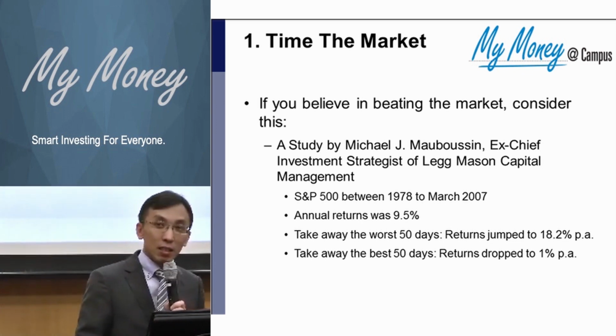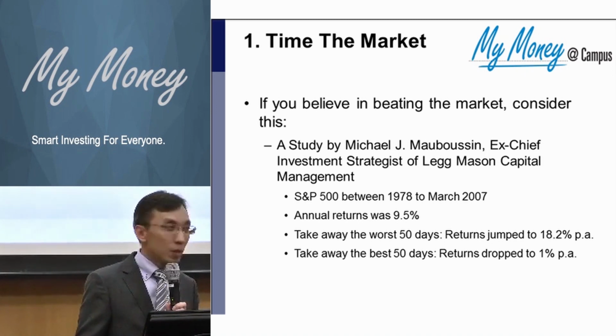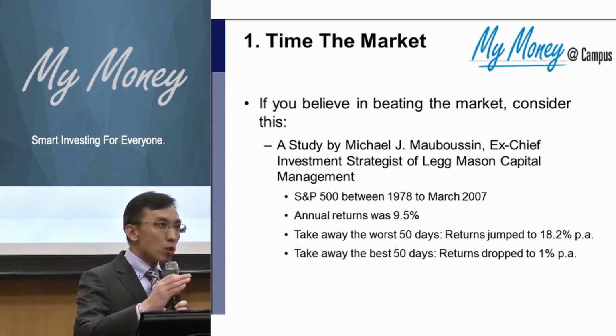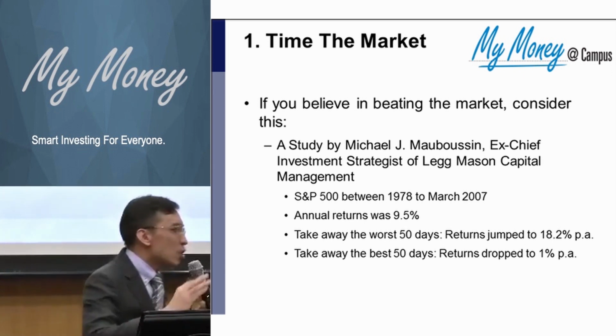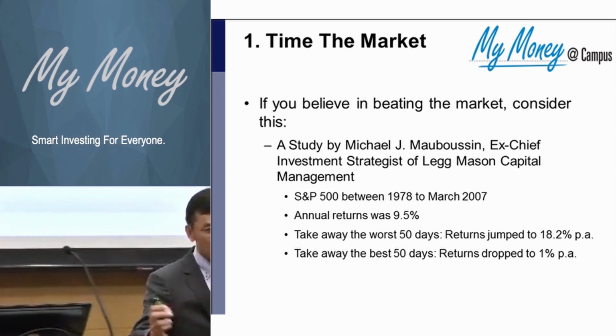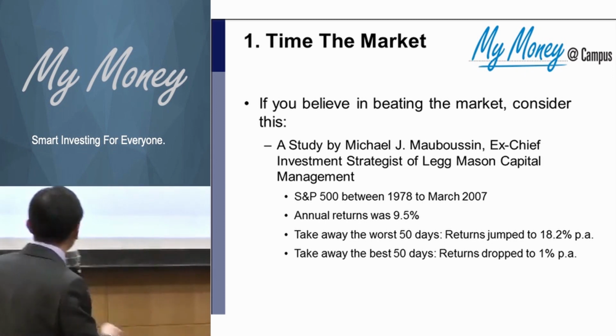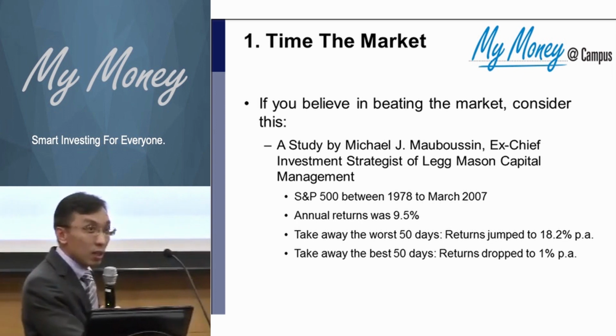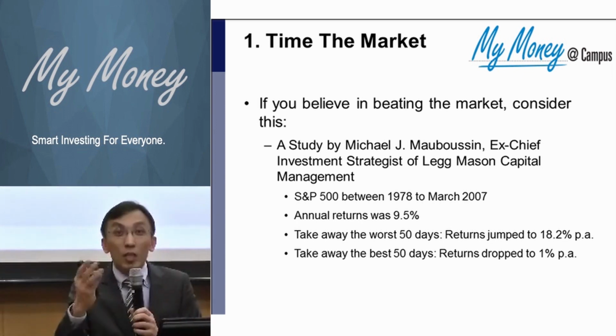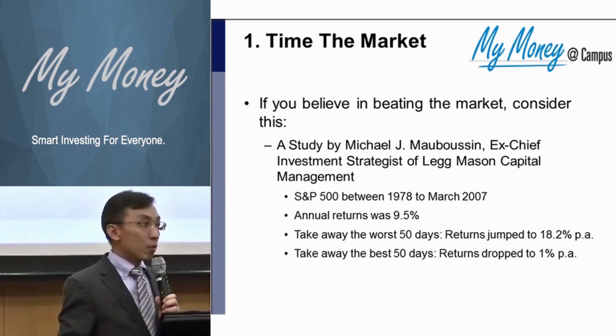But the problem is, is it easy to get it right all the time? Is it easy to get it right most of the time? In fact, it's very difficult. I mean, if you imagine a stock market to be just a 2% stock market, if I think this is the best time to buy here, someone must think that it is the worst time, right? And so they better sell it to me. Because if nobody's going to sell it to me, I'm not going to be able to buy anything.